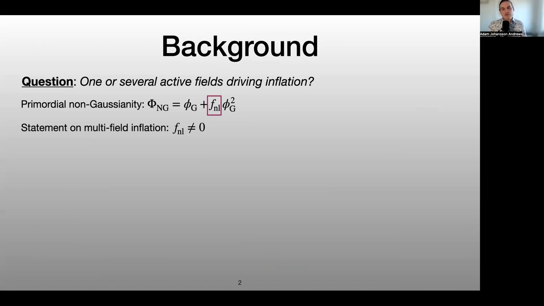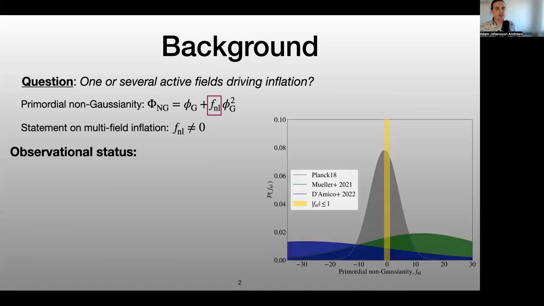So to head over to the observational status, I tried to summarize it in this image here, where the strongest constraint on FNL comes from the cosmic microwave background, which constrains FNL on the order of ±5. However, the cosmic microwave background is not expected to yield any stronger constraints on FNL by itself, since the largest scales have already been probed by Planck.